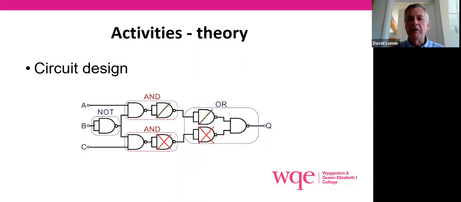So the other aspect of the course is the theory. You obviously need to understand the theory that underpins the practical work. So there's the theory of designing circuits, and so you'll be having to work with circuit diagrams like this. This is a digital electronic circuit of logic gates.